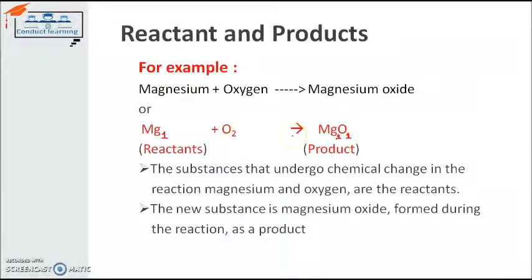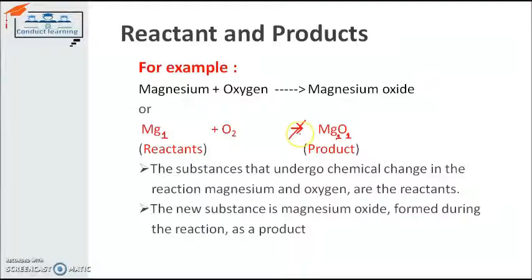On the product side, magnesium has one atom and oxygen has again one atom. So you can say the magnesium is balanced but oxygen is not balanced, because on the reactant side oxygen has two atoms and on the product side oxygen has only one atom. So this equation is not balanced. We can say this equation is unbalanced.